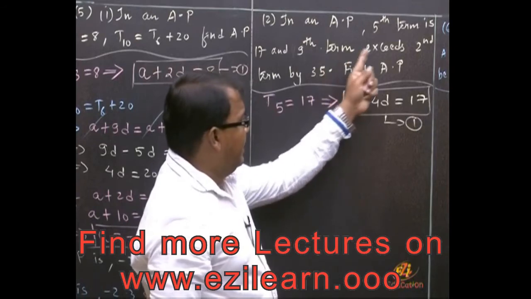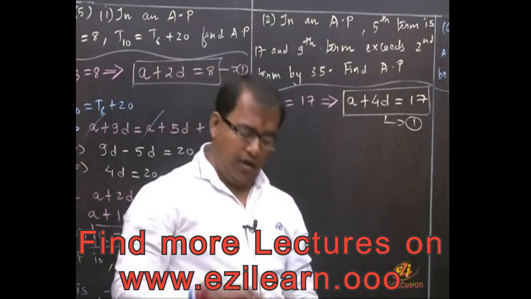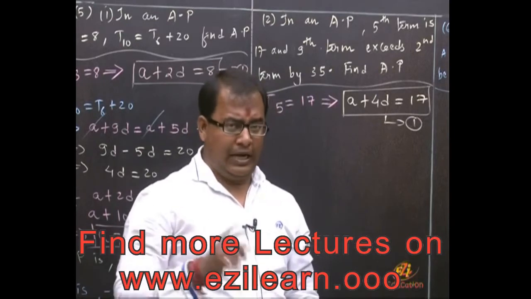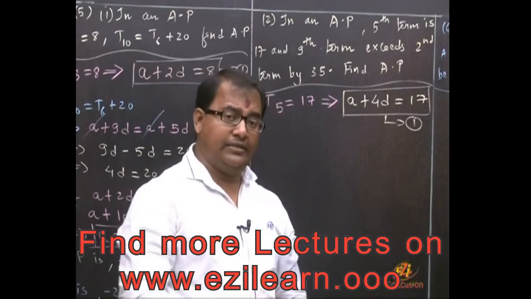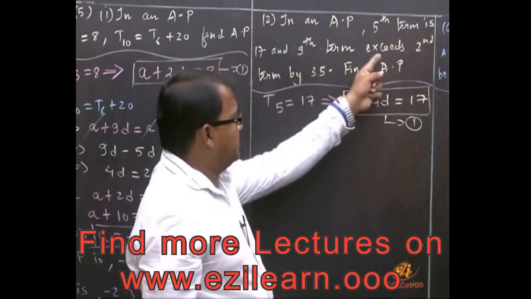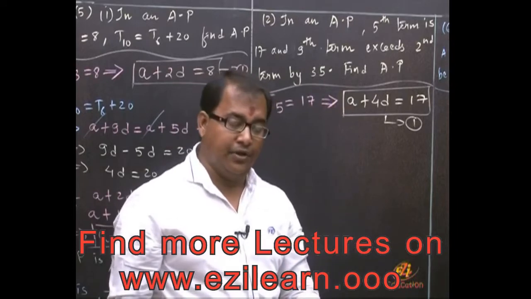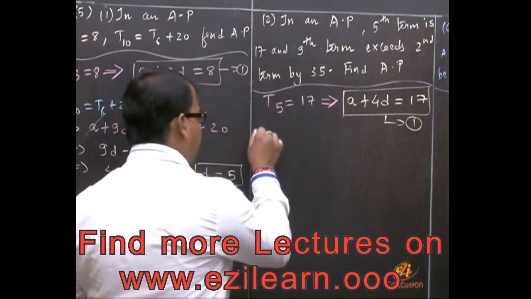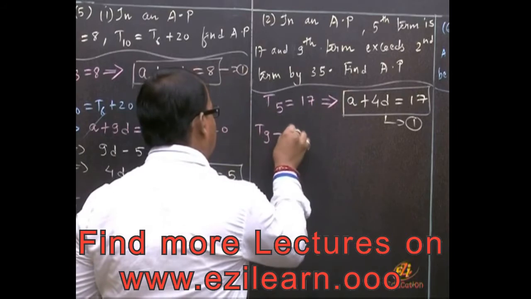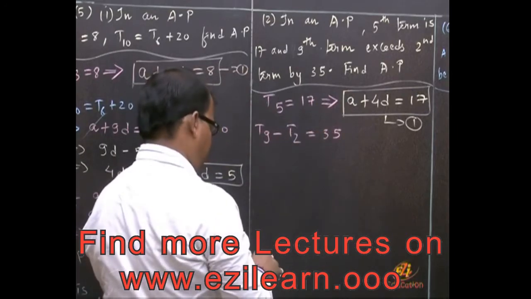Now, second data, let us come back to the question. 9th term exceeds the second term by 35. In plain language, the 9th term is more than second term by a value of 35, which means 9th term minus second term is 35. So T9 minus T2 is 35.